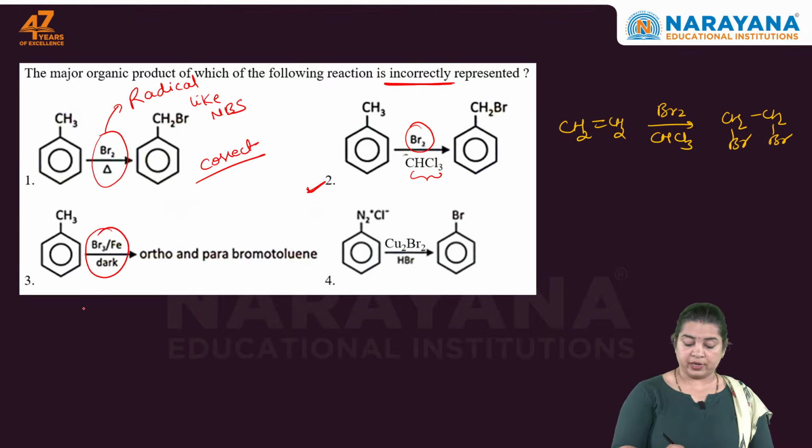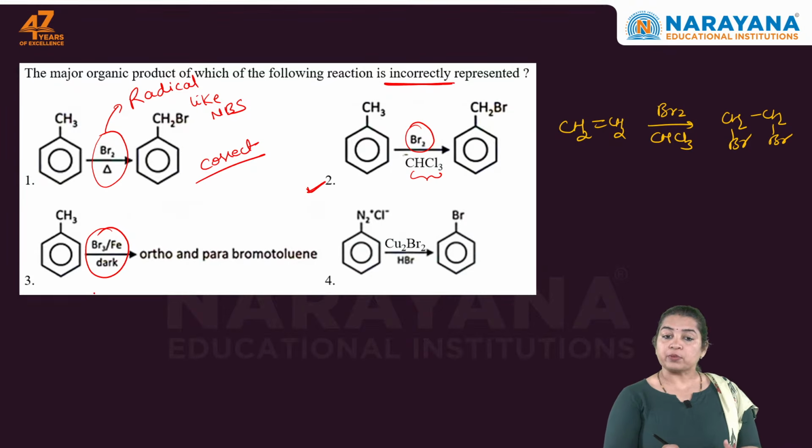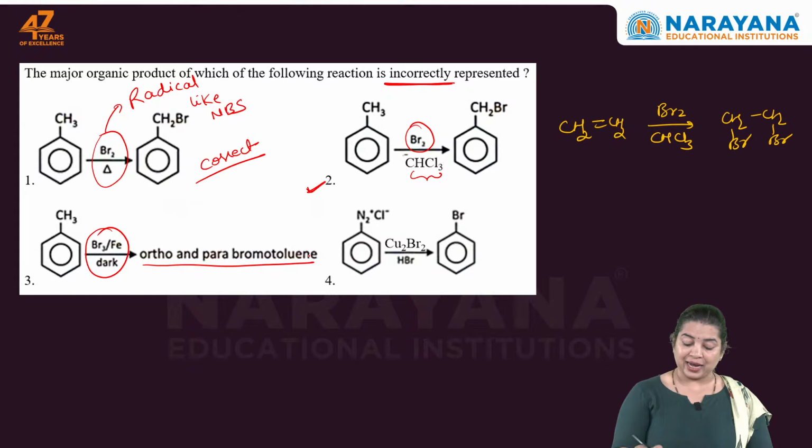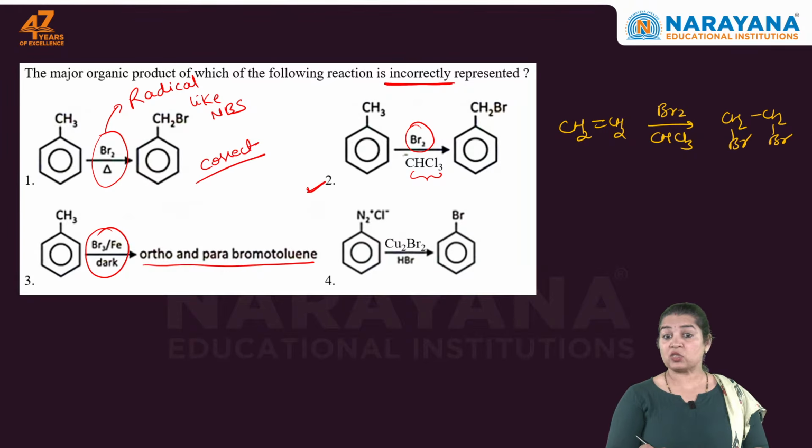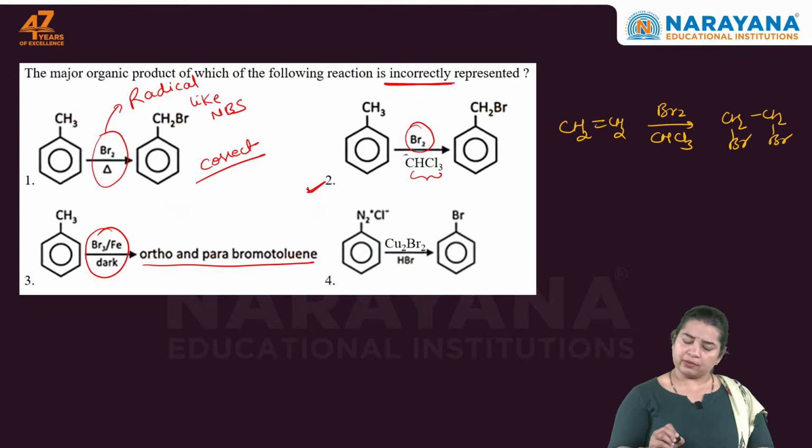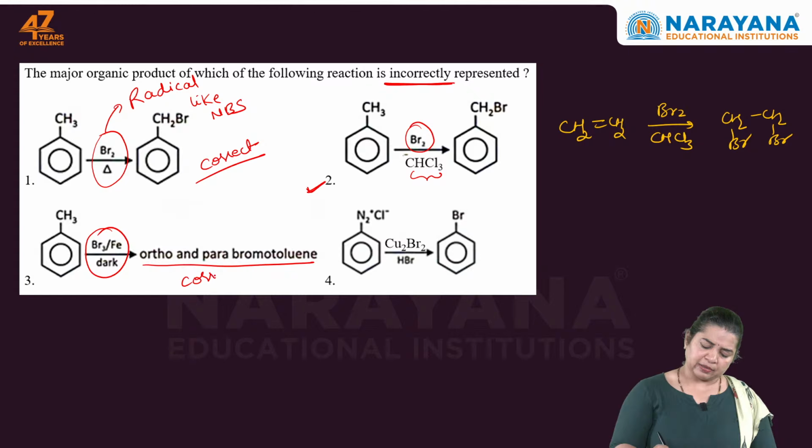Bromine and iron. Okay, so it seems to be an electrophilic aromatic substitution reaction, and ortho and para bromotoluene will be formed. Relatively, of course, the major product can be one. Let us take the mixture of the two. Otherwise, it should have been clearly mentioned as para bromotoluene. But still, comparing the other options, the better choice continues to be 2. Third, we can go for correct.